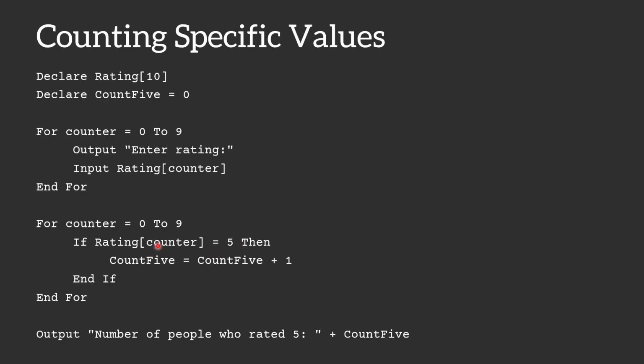So then this becomes true, and we add another 1 to the existing count. Okay, and then we keep counting, and in the end, this is going to hold how many times that rating counter's value was equal to 5. Okay, and then we're going to output number of people who rated 5 is equal to that.